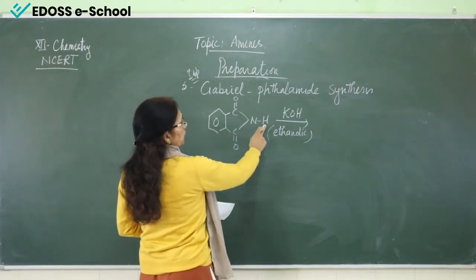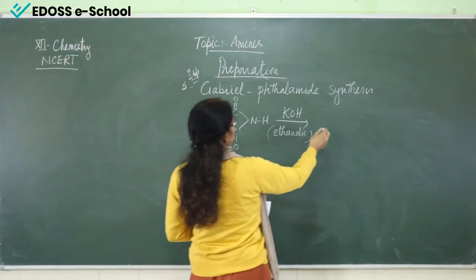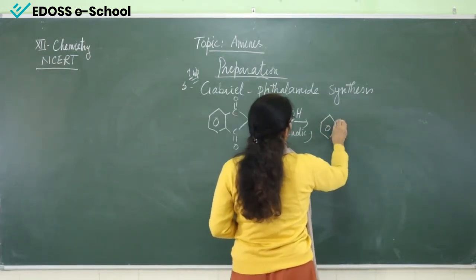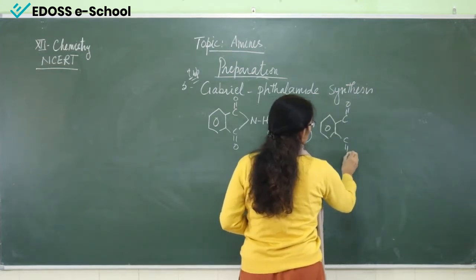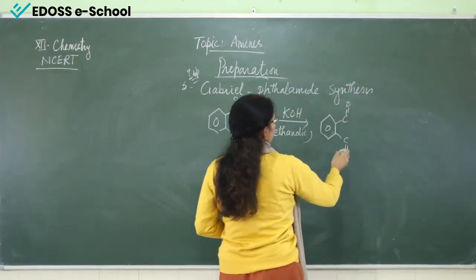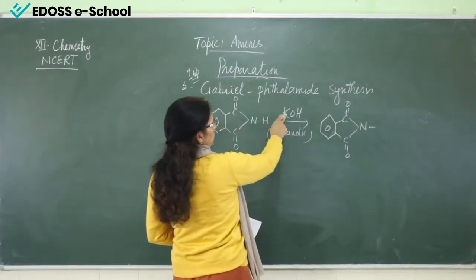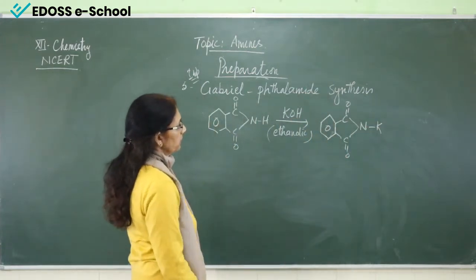This hydrogen will be replaced by K. So the same formula will be there. Benzene ring, phthalimide, attached with 2 carbonyls, and this N will be same, but here in place of hydrogen K will come and water will be given out.